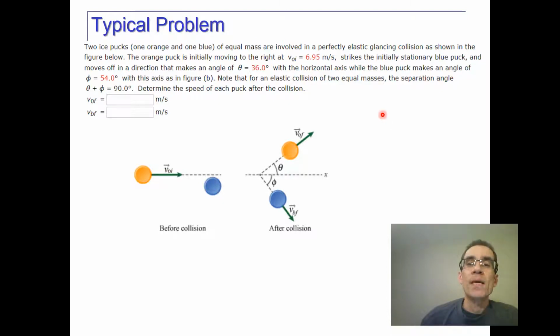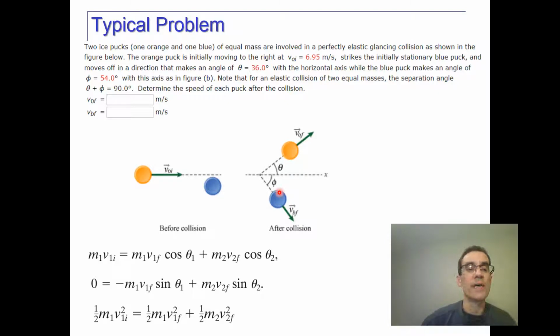And you see, you're given the initial velocity of this guy, and then this angle theta is 36 degrees. The other angle is 54 degrees. And so you're asked, what is going to be the final velocity of this guy and the final velocity of that guy? This is a very typical problem where you have to deploy these 3 equations we were talking about.